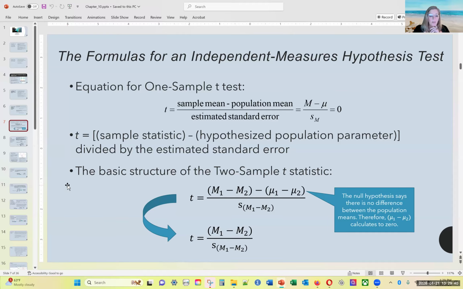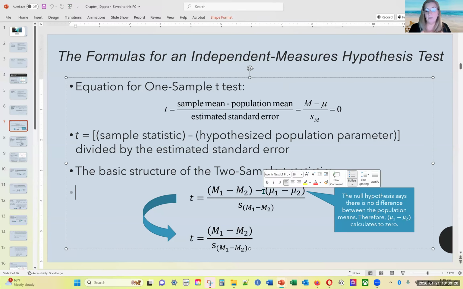So the basic structure of the two-sample t-statistic looks like this: the mean from your first sample minus the mean from your second sample, minus the hypothetical population mean from one group minus the hypothetical population mean of the second group. Since the null hypothesis says there's no difference between the population means, the means subtracted from one another equals 0. So this sort of cancels itself out.